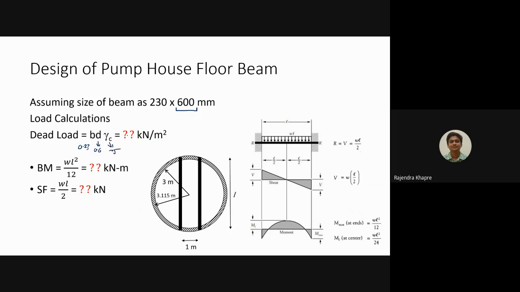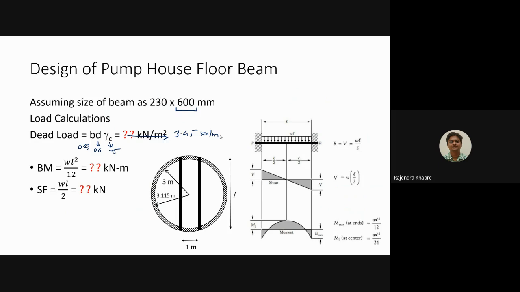How much is the dead load now? 3.45. Okay, this is kilonewton per running meter, right? This is the self weight.